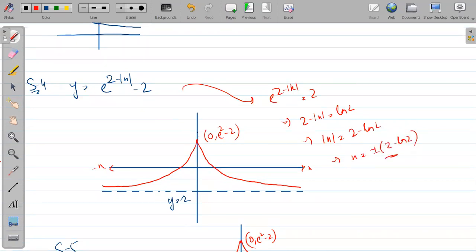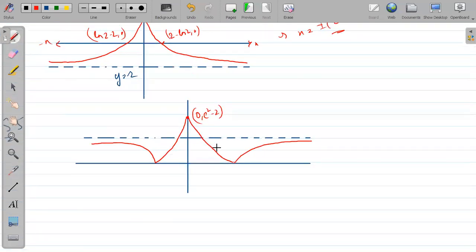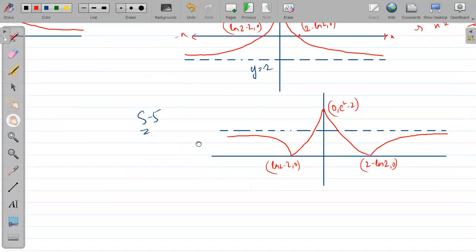If anyone asks you to find a point, you can find (2 minus ln 2, 0). This is the negative point, and this is the positive point. Yes, sir, definitely. So here also I am writing (ln 2 minus 2, 0). Correct.